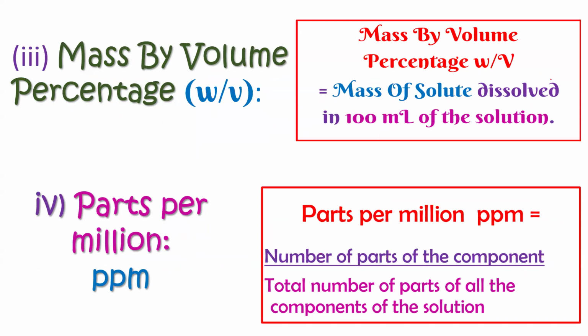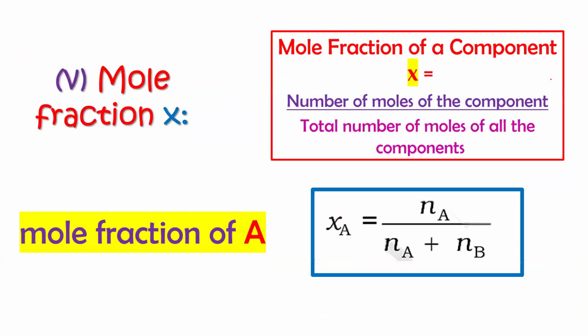Parts per million is the number of parts of the component by the total number of parts of all the components of the solution. Mole fraction X is equal to the number of moles of the component by the total number of moles of all the components. If we have to find the mole fraction of a single component, we do the same: the number of moles by total number, Na plus Nb.